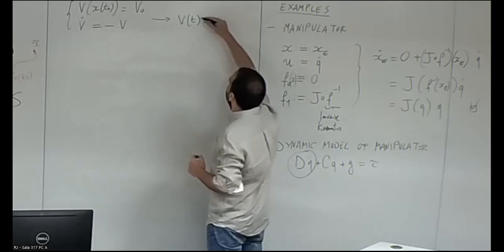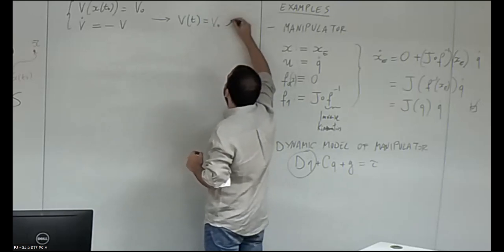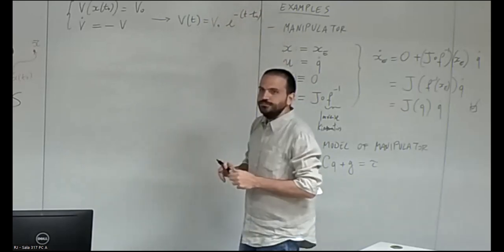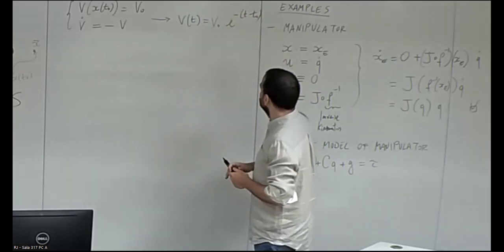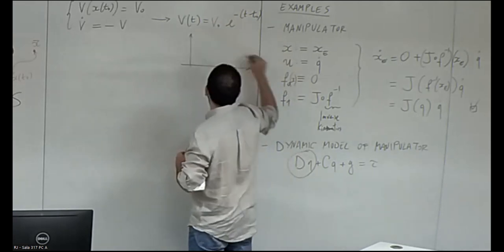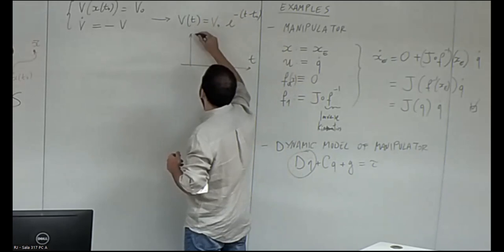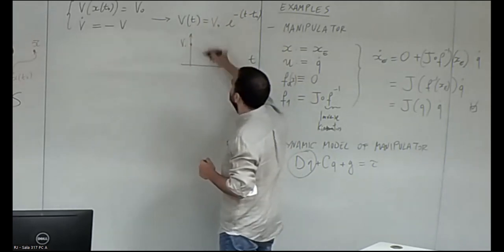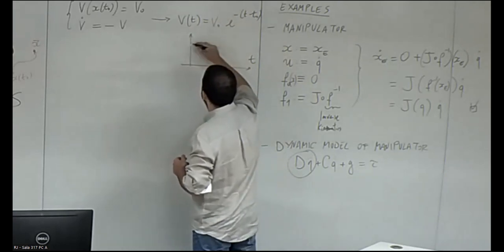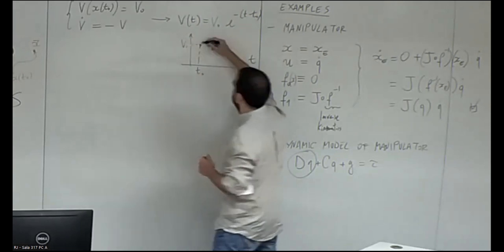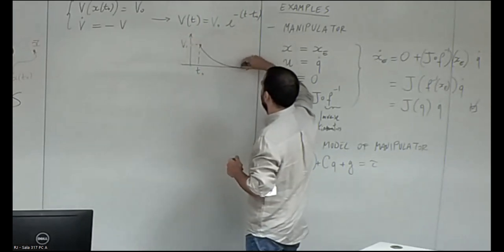Long story short, V of t is equal to V0 e to the minus (t minus t0). And how does that look? It starts here at t0, goes to 0 exponentially.